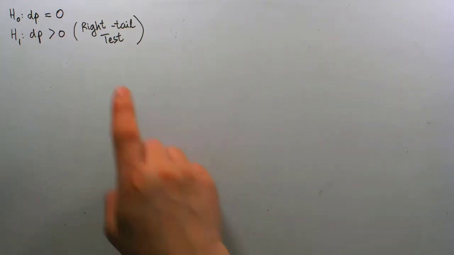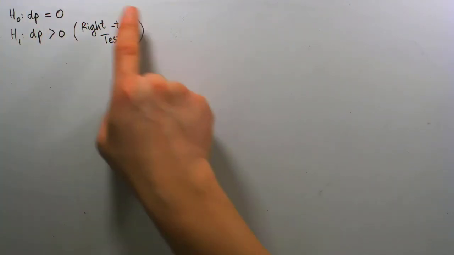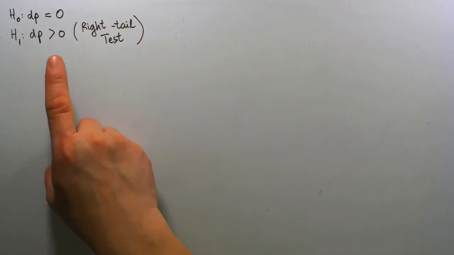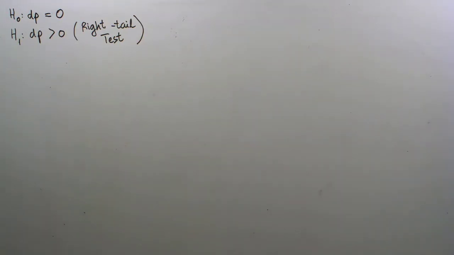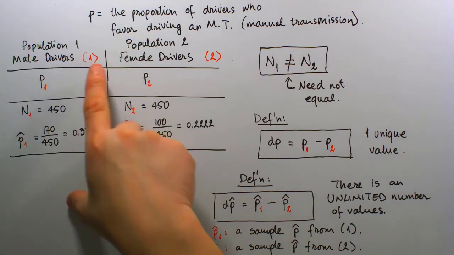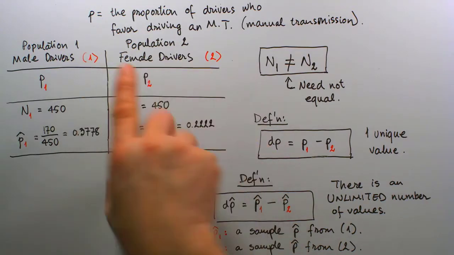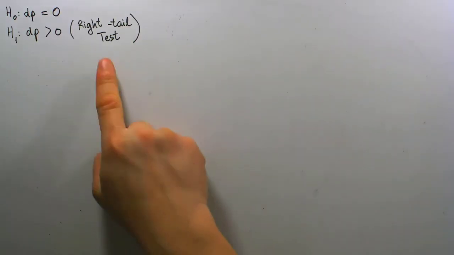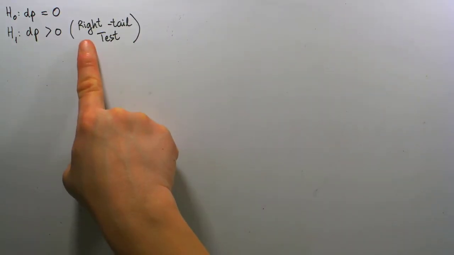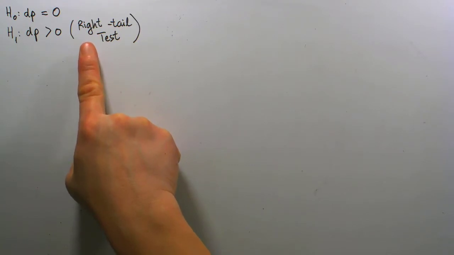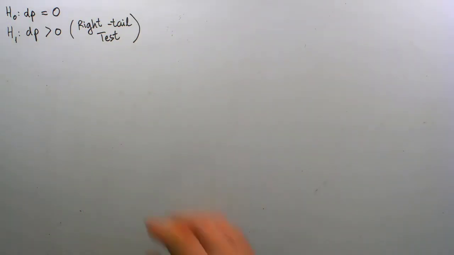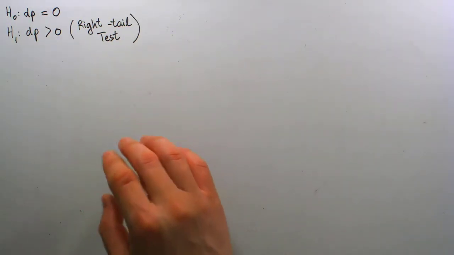So this exact same problem could have also been, and I repeat, this exact same problem could have also been a left tail test if the numerical labels for the two populations were given the other way around from the beginning. So as a bottom line, getting a comparison problem into a right tail test or into a left tail test is entirely dependent on how we have assigned the numerical labels for our populations.